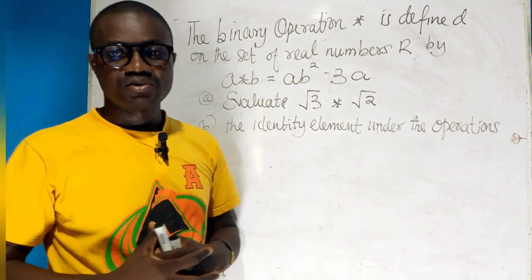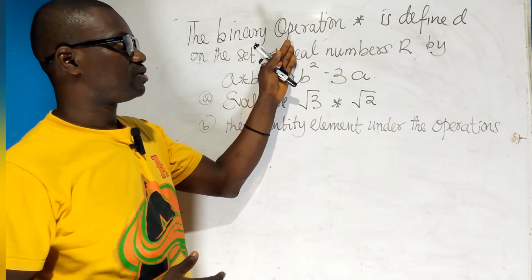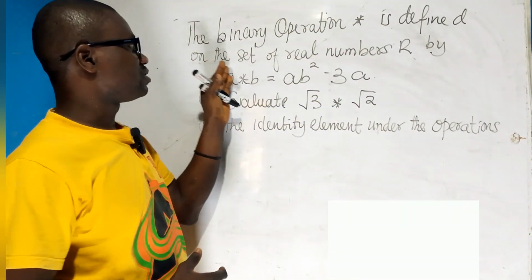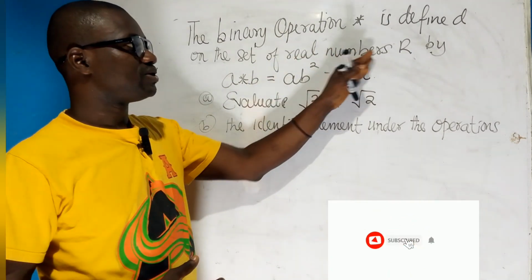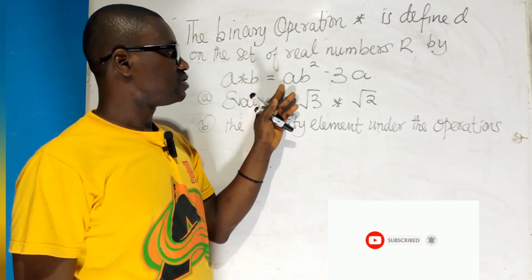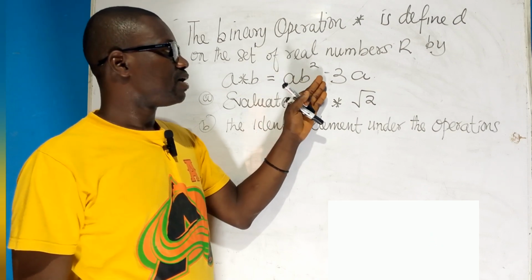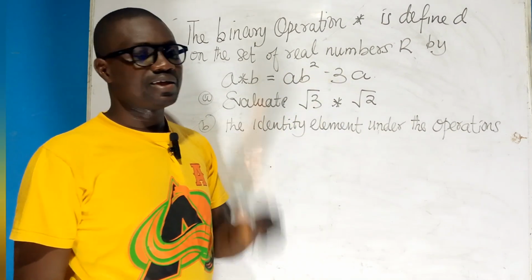We are going to look at an interesting question. The binary operation is defined on the set of real numbers R by A operation B is equal to A times B squared minus 3A.